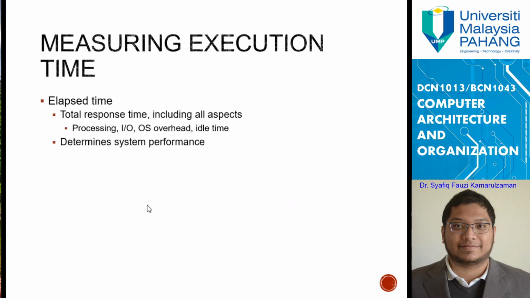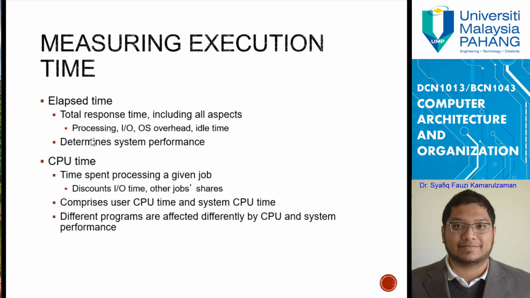So when we want to measure the execution times, basically we measure according to the elapsed time, which is the total response time, including all aspects: the processing, I/O, OS overhead, idle time, and it also determines the system performance itself. And next we have the CPU time.